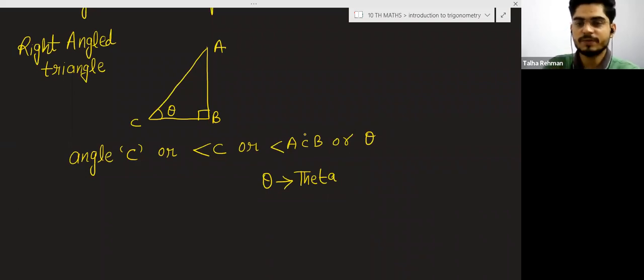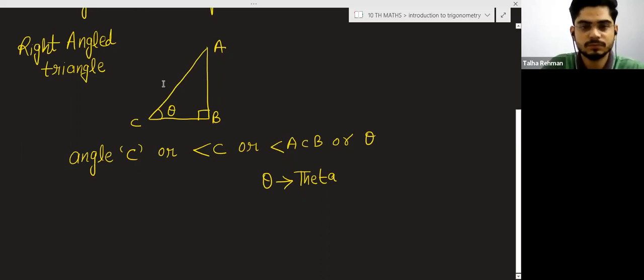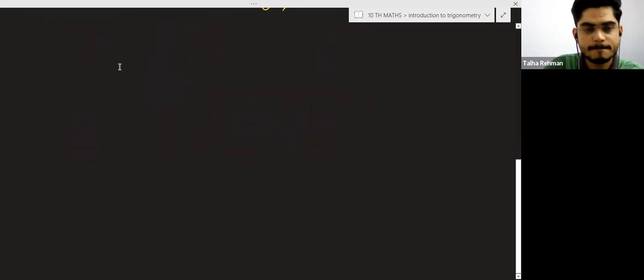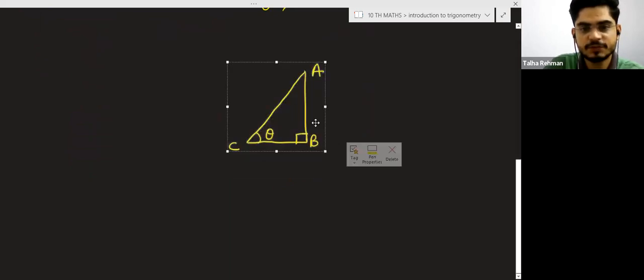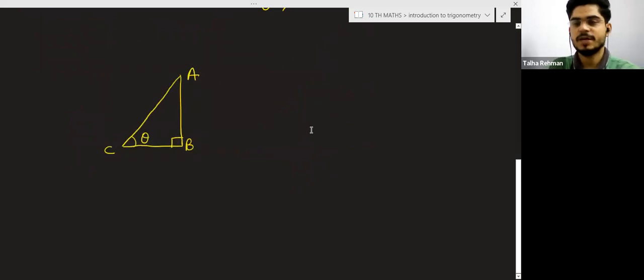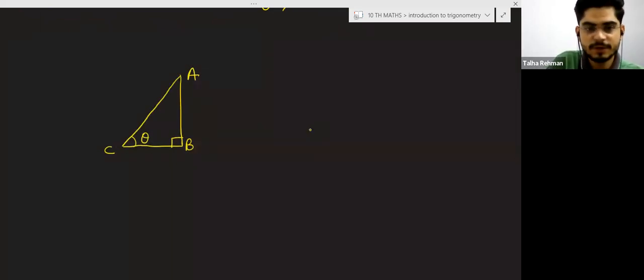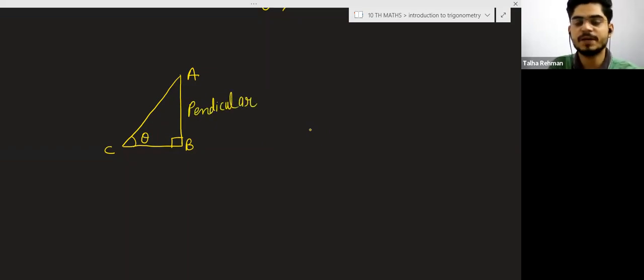So we will define the relation between the sides and the angles of a triangle. Taking this triangle, if this angle is theta, then opposite to this angle, the side AB is the perpendicular.